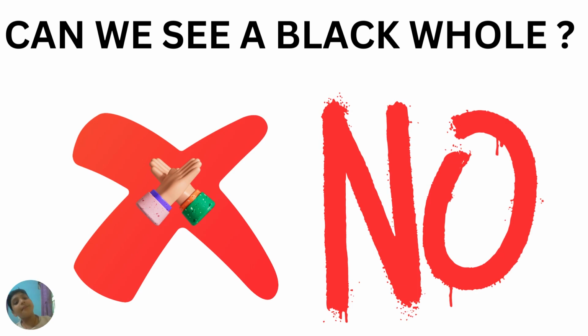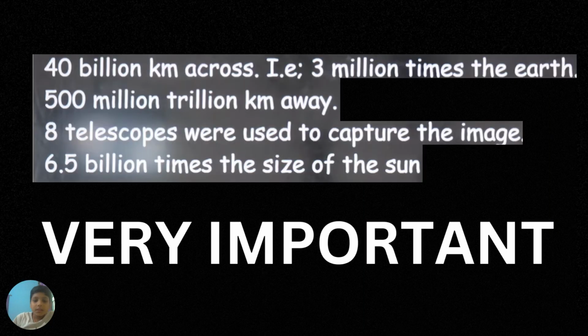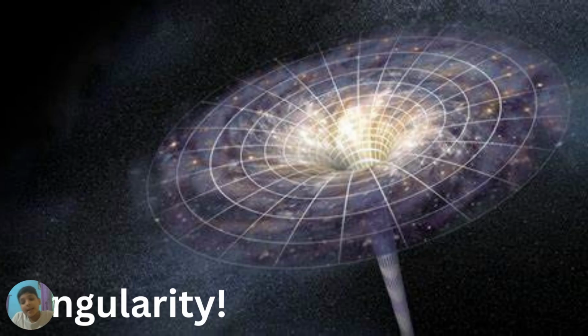Now, as we have seen, we cannot see the black hole, but I will be asking you another question. What is inside the black hole? Yes, inside the black hole there is nothing. Instead, singularity. What is singularity?